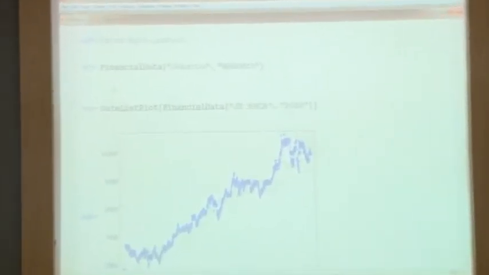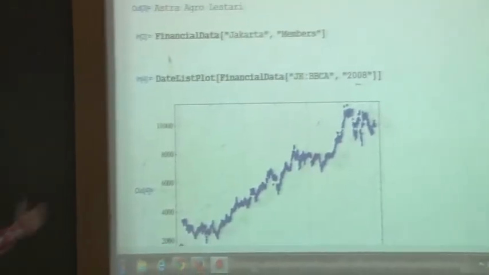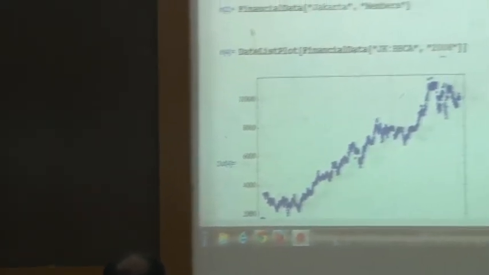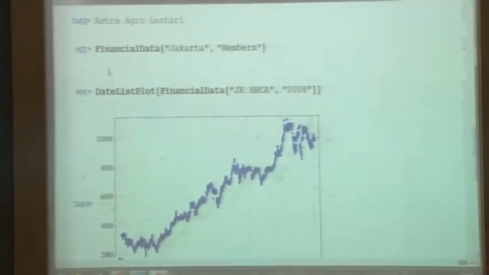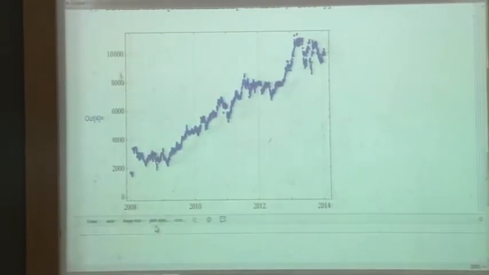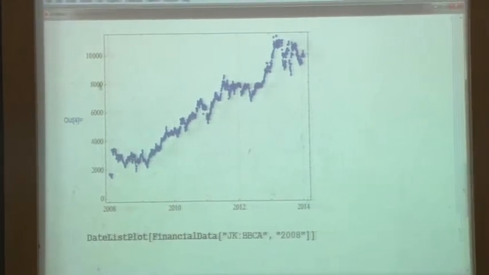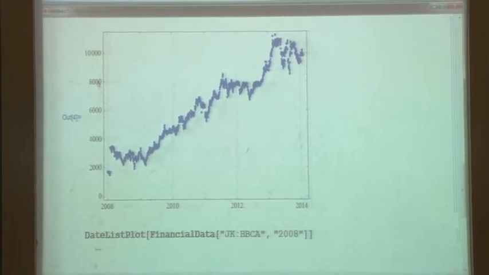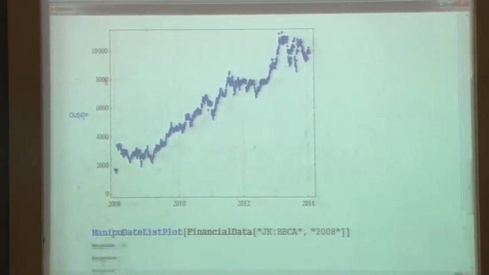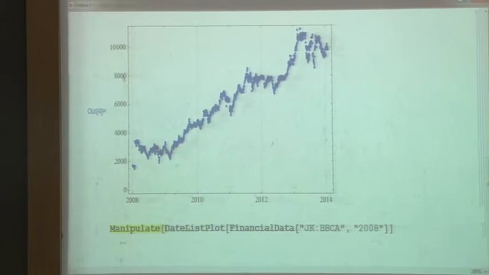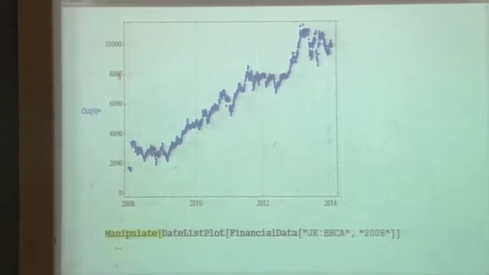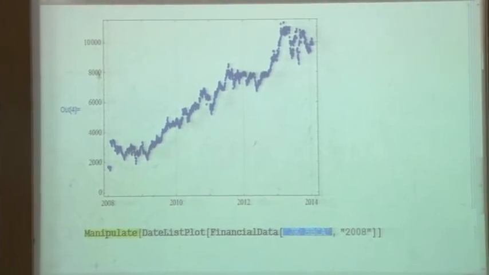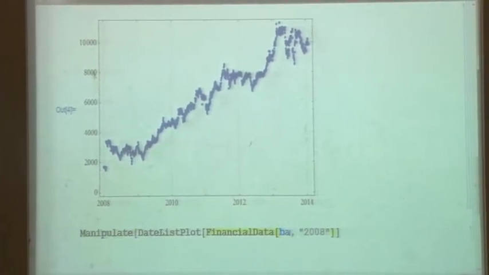But now, imagine that I want to make this interactive with 3 banks. So what I'm gonna do is wrap everything with the command Manipulate. I have not discussed the command yet, because it's quite advanced. But you guys will understand how easy it can be to create interactive examples in Mathematica. So Manipulate, and I'm going to change this JK:BBCA with just bank.